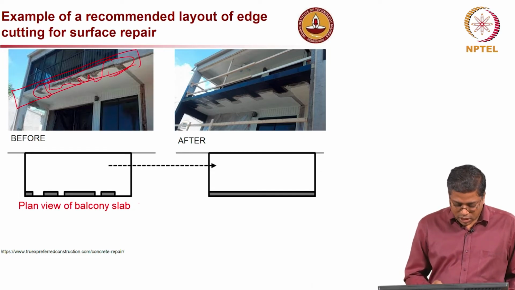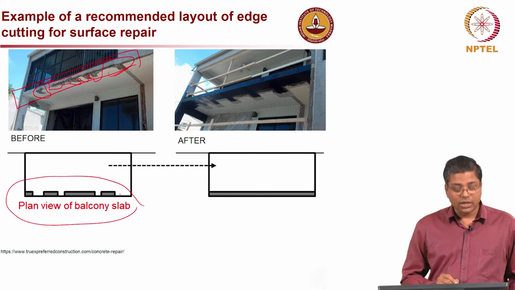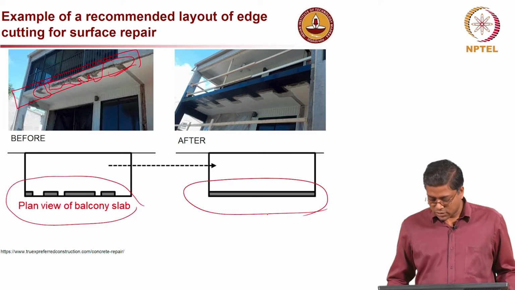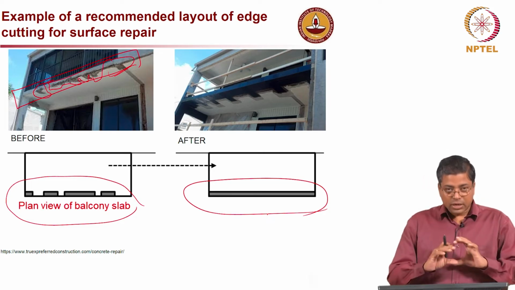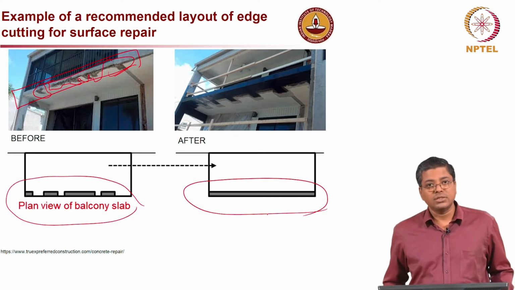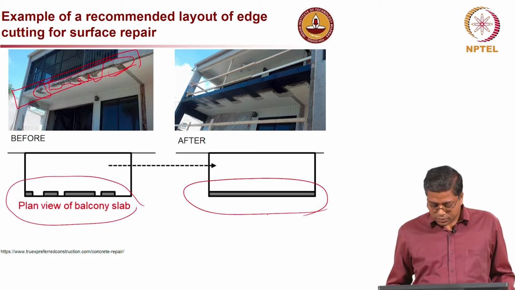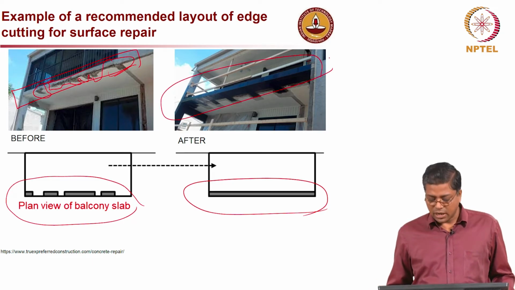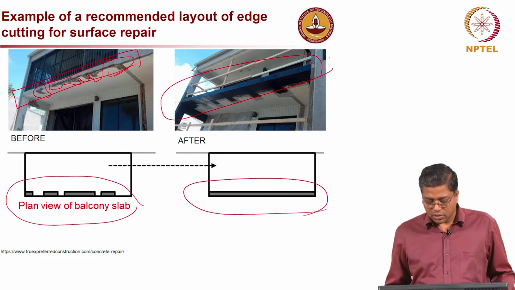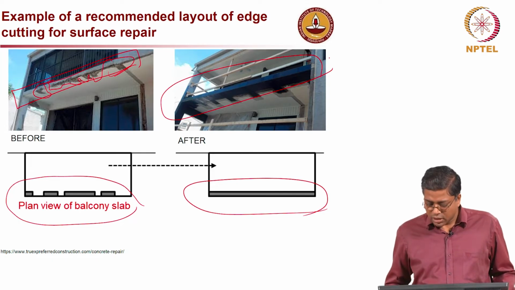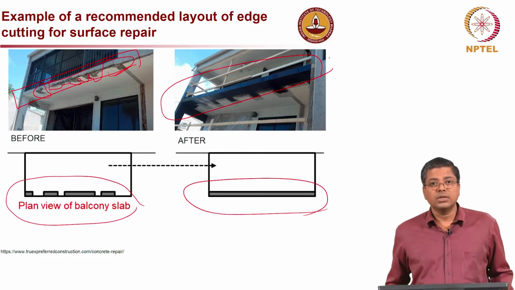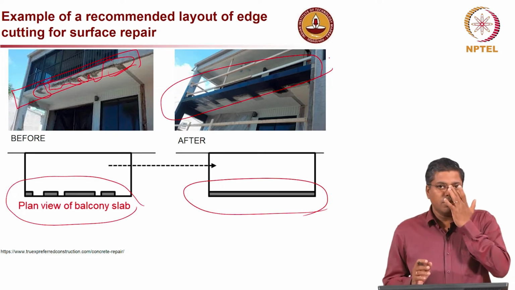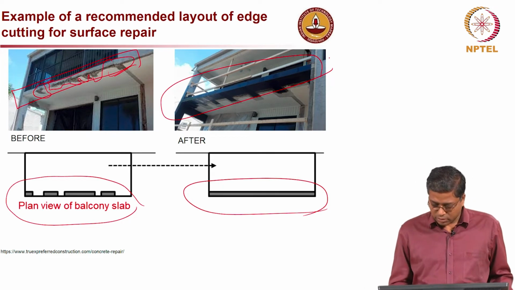So, instead of defining the repair work like this, we had better go for something like this, as you see on the right side, where the repair region is much better defined, very simple, with one straight cut, and you see the picture on the top right where such a repair has been done. In this case some fiber wrapping lamination is also installed, but the point of this slide is just to tell you to make the definition of the repair region as simple as possible.